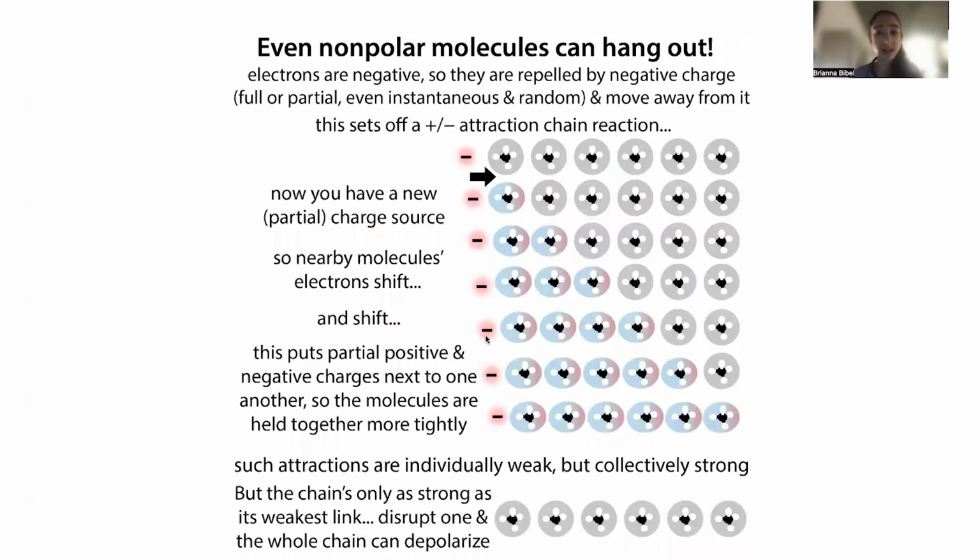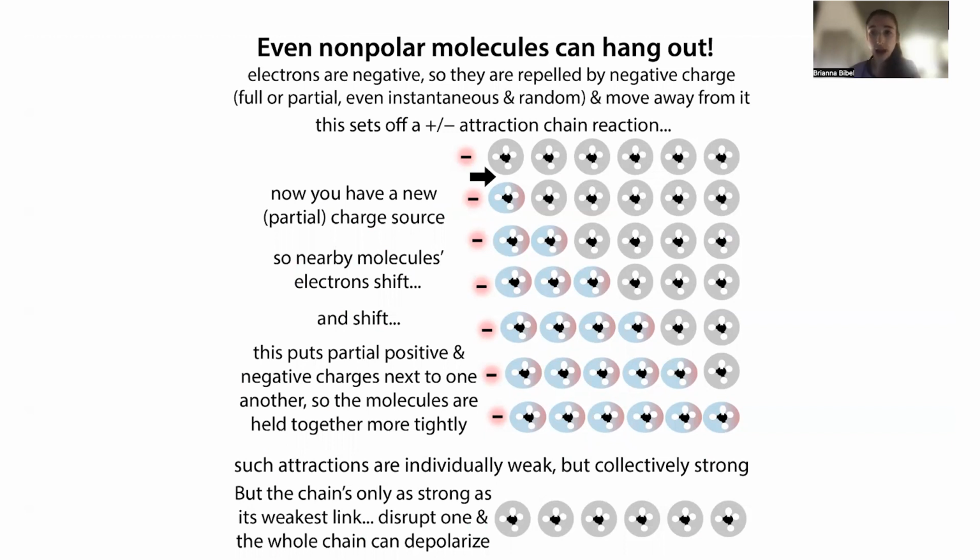So basically, you can get a temporary separation of charge just by chance. These electrons are whizzing around, and we talked about how they're more likely to hang out around a more electronegative atom, and that therefore you can end up with a permanent dipole where you have that separation of charge all the time. But because they're just randomly moving around, they might happen to be hanging out around a carbon more than a hydrogen in a molecule.